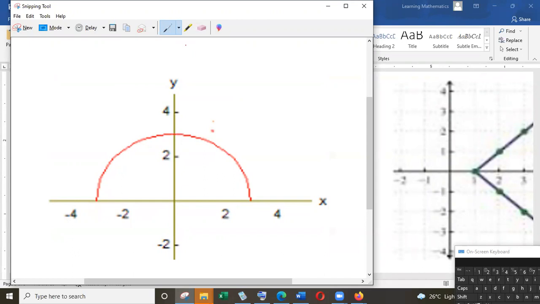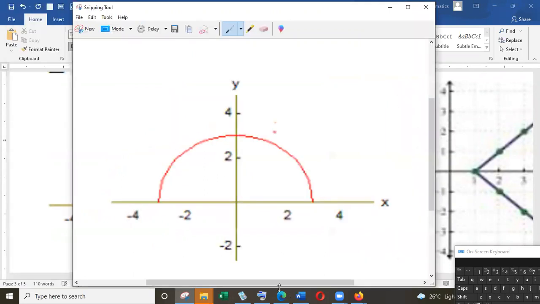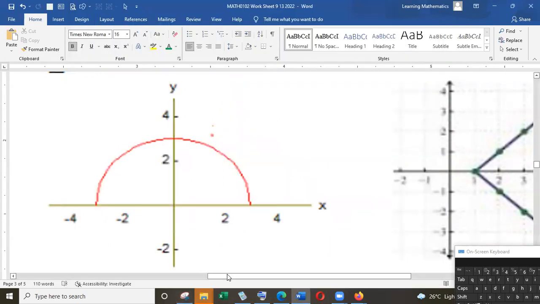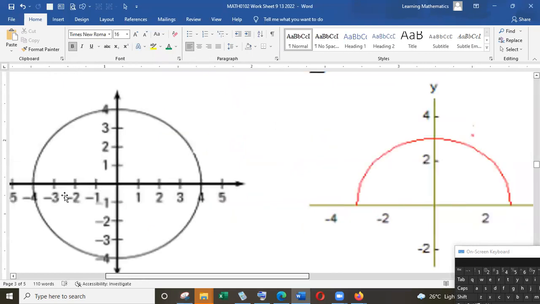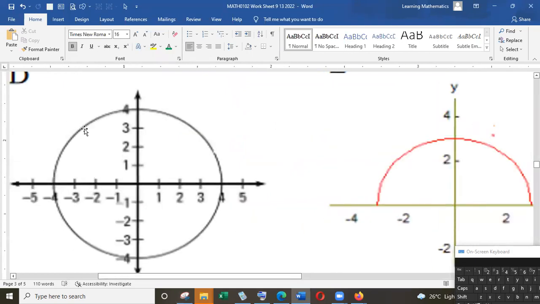Now with E, you have -2. Let's take a look at -2. That's the domain. -2 is going to this, and 2 is also going to this. Oh, but by the way, let's go back to D. -3 is going to this, but also 3 is going to it.